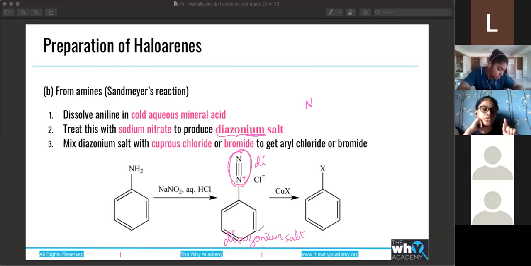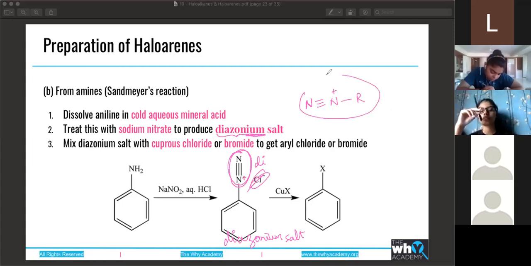Ma'am, so you said N triple bond N plus is called diazonium salt, or is it N triple bond N plus bonded with a Cl? The Cl is an anion. So basically it is R, N triple bond N plus, that is a diazonium salt. Here you're starting off with aniline, so the R is a benzene group, which is why you get this.